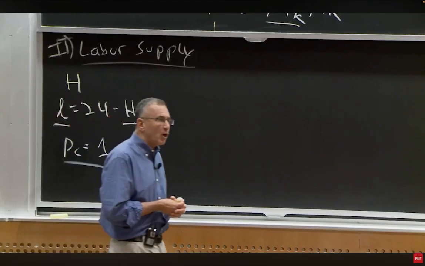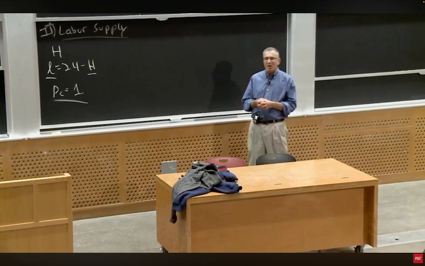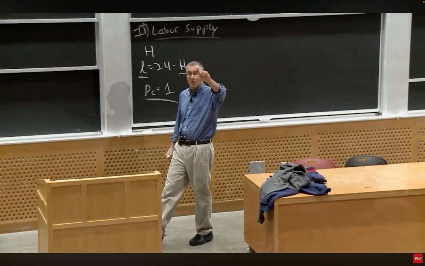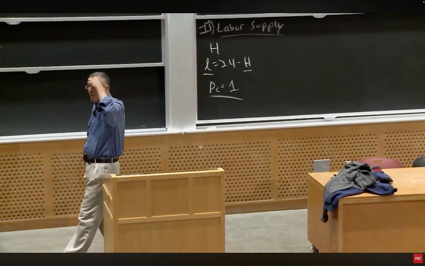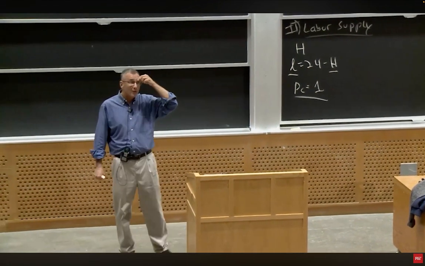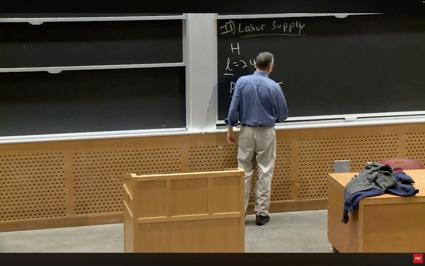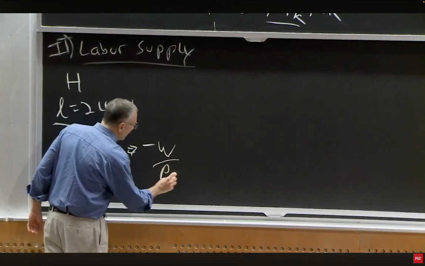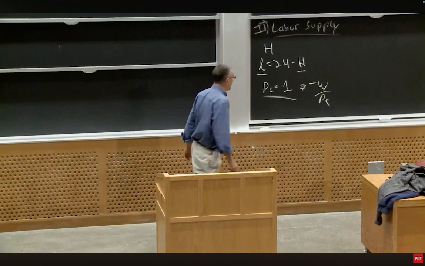This is a trick we call making a numeraire good. It makes life easy. Otherwise, we'd have to track the price of consumption throughout. Remember when we did pizza versus cookies? You need to track the price of pizza versus the price of cookies, not just the ratio. By setting PC to 1, we no longer have a ratio to track, just a level. So the slope of the budget constraint is then, instead of being minus W over PC, it's just minus W. Technically, it's minus W over PC, but we're setting PC to 1.